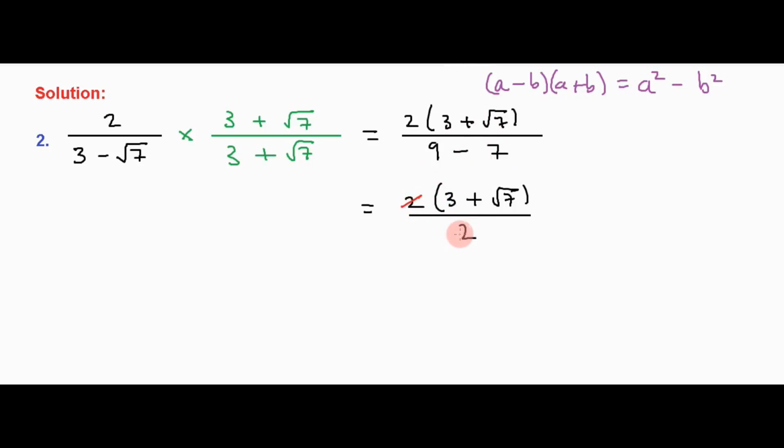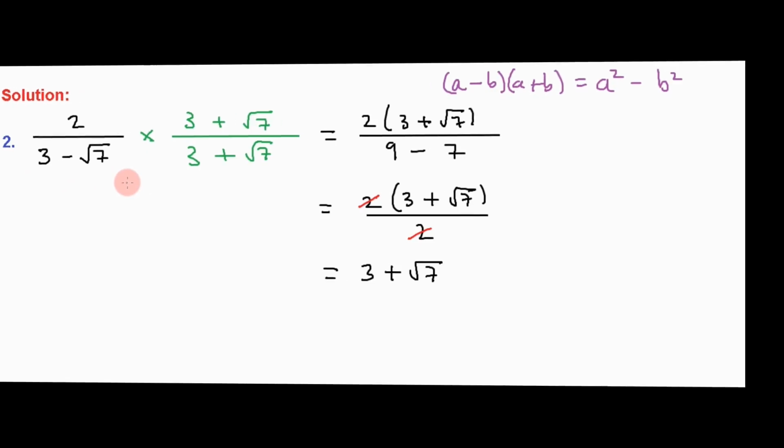And these factors cancel. And we're left with 3 plus root 7. And 3 plus root 7 is the same as 3 plus root 7 all over 1. And 1, of course, is a rational number. So we have managed to remove the surd from the denominator. And the denominator now is rational.